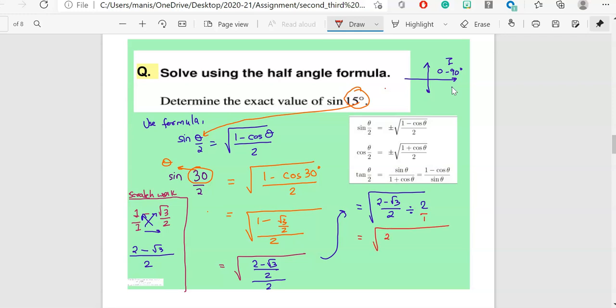So when you do this, 2 minus radical 3 over 2, you times and flip it over, in the reciprocal form. So I'll multiply this, and my final answer is 2 minus radical 3 over 4. So that's my answer for this problem.